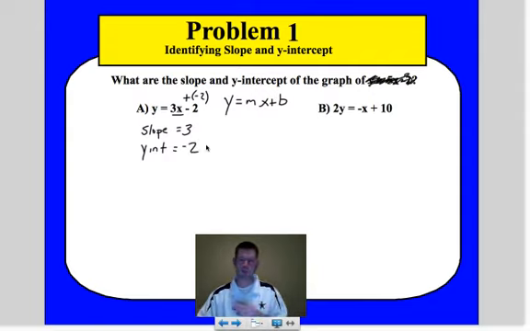Okay, so let's move over to the other one. We say, all right, 2y equals -x plus 10. Well, it's not 1y. So we have to divide everything by 2. We get y equals, and again we get 1/2 x, same thing as x over 2. It's just -1/2 x. And then it's plus 10 over 2, which is 5.